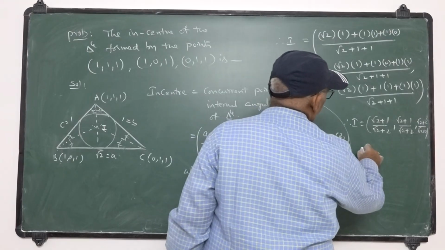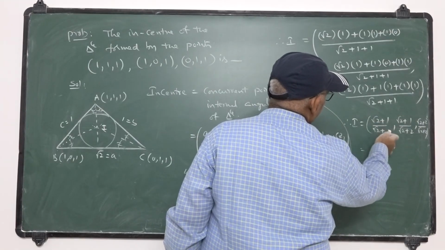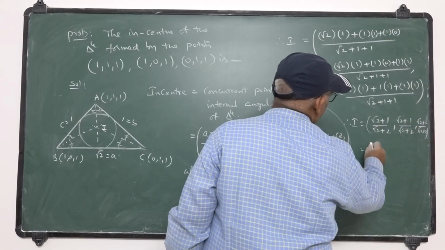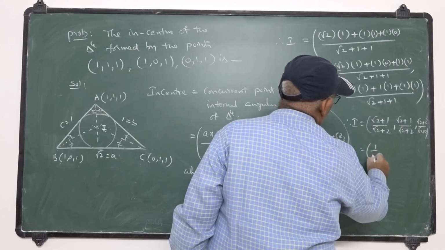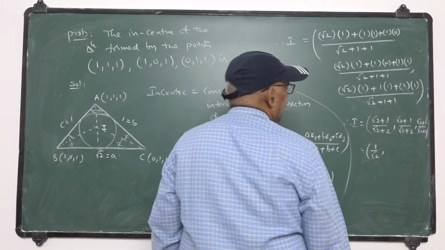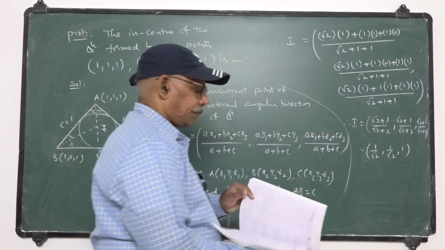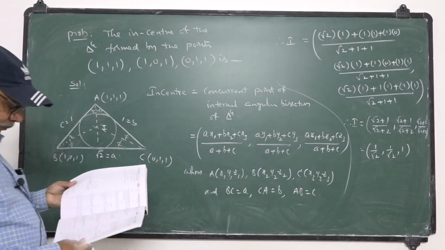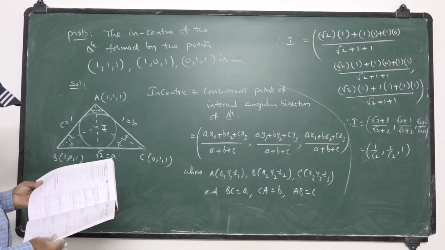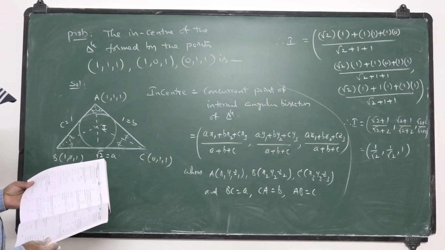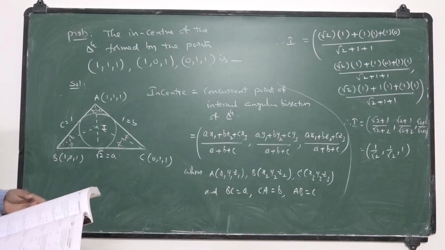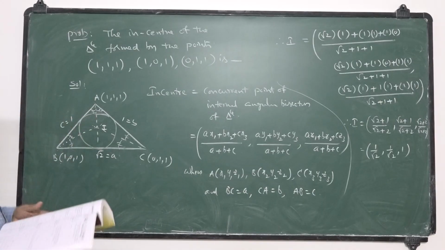Taking root 2 as common, you can cancel 1 plus root 2. So that we get 1 by root 2 here. Similarly, 1 by root 2 here, 1 here. So the incenter is given by (1 by root 2, 1 by root 2, 1). That is the required incenter of the triangle.